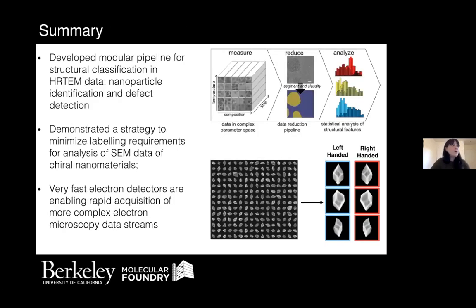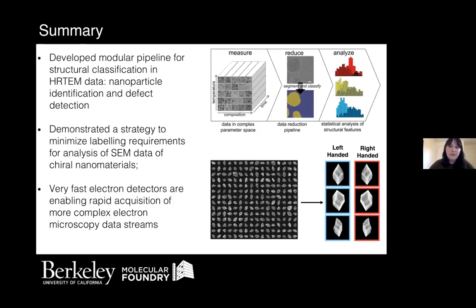All right, so that's it for my talk, and I think I've left plenty of time for questions, so I'm looking forward to that. Just to summarize quickly, a major goal for this branch of the research in my group is to incorporate advanced measurements in the electron microscope.